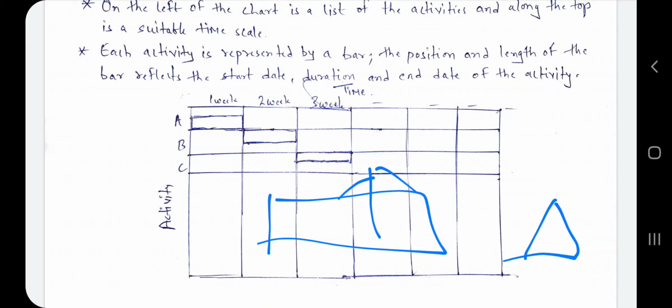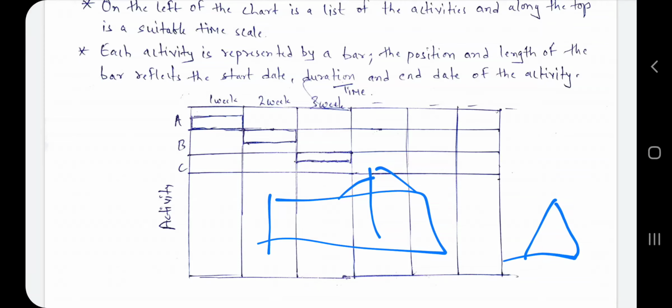This is our milestone. With the help of this, we complete the next task. Without completing this, it is not possible to complete the project.